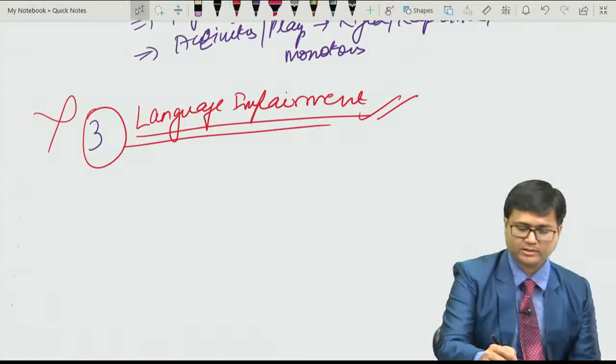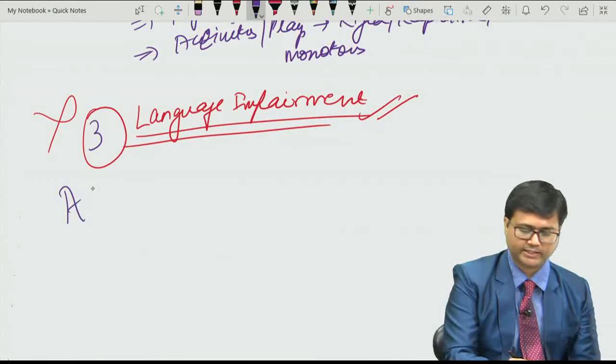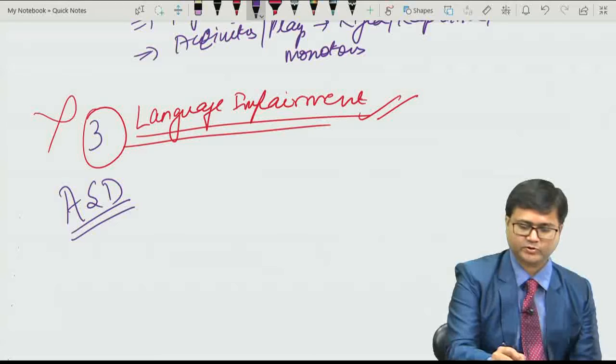Now what syndromes and disorders are characterized under autism spectrum disorder?